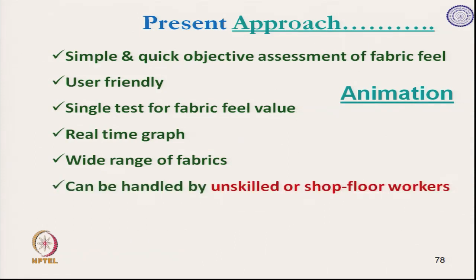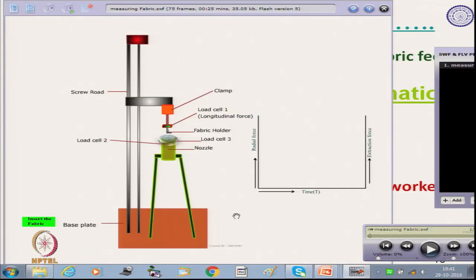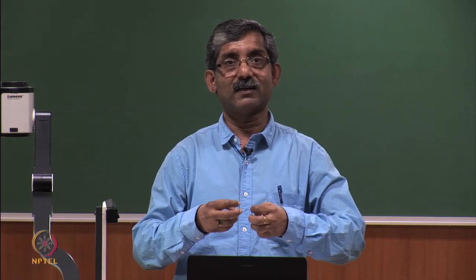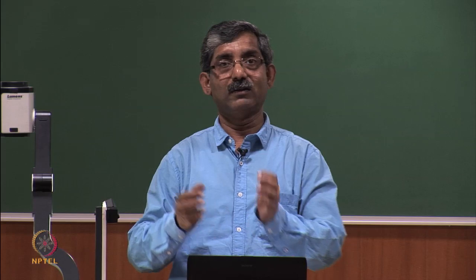The approach and the instrument are so simple that even an unskilled shop floor level worker can handle it. Now, let us see the animation. In this instrument, this is the nozzle. The nozzle is a specially designed nozzle, where we measure the extraction force as well as the radial force, the force exerted by the fabric on the nozzle.